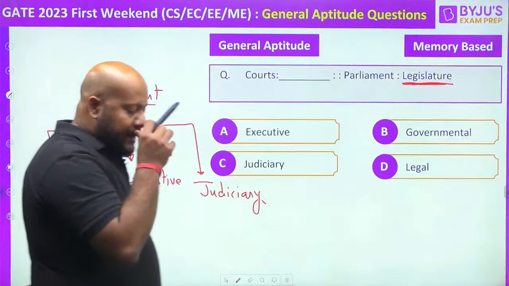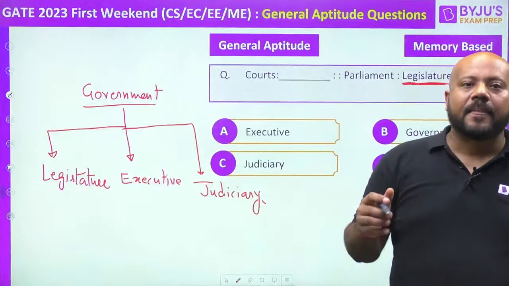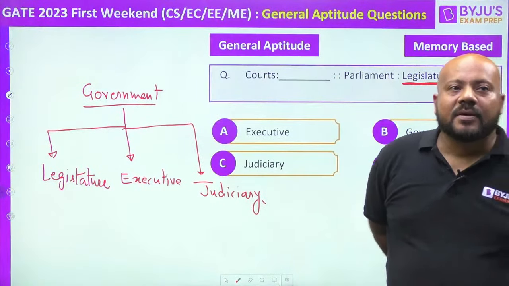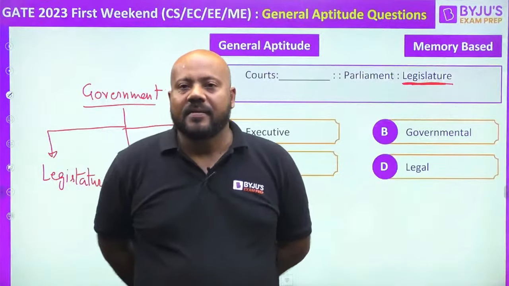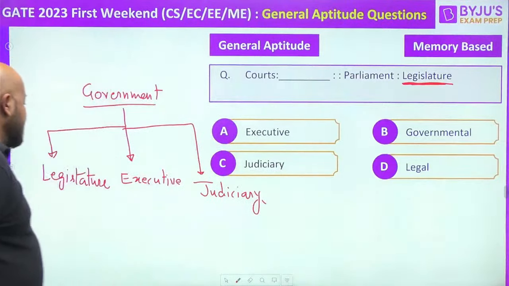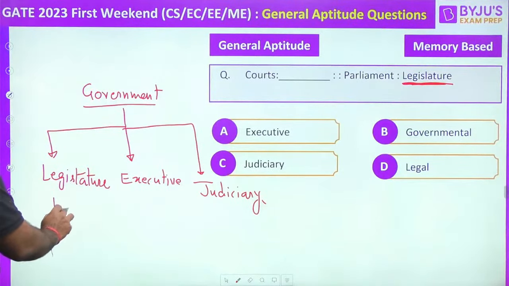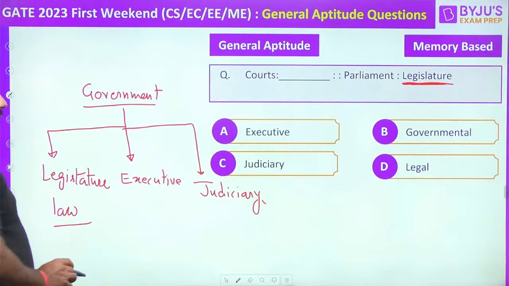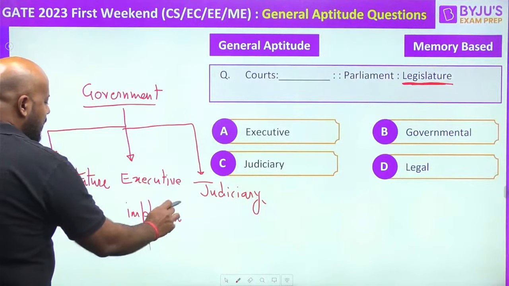In our day to day business, what do we generally think government means? Government means whoever is in power, but this is not the correct thing. Government comprises of legislature, executive, and judiciary. Legislature, who frame the laws. Executive, who implement the laws.